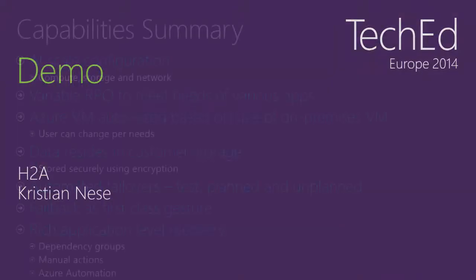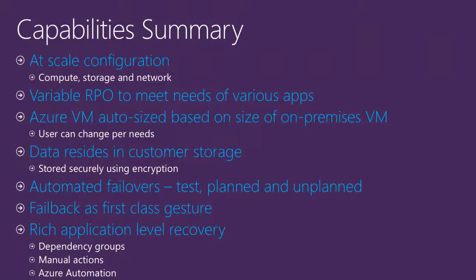A quick summary of the capabilities that protection to Azure has. You can do cloud configuration and network mapping for at-scale configuration. So with multiple hosts and a lot of networks, you can actually achieve at-scale configuration. I showed you that there are three RPOs we support: 15 minutes, 5 minutes, and 30 seconds. So based on your apps, you can change the RPO.